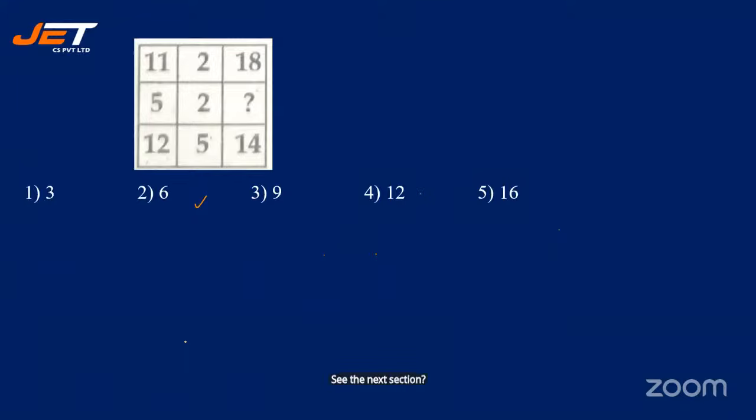11, 2, 18, 5, 2, blank, 12, 5, 15. Right? So now find the relation between this 11 and 18. Why don't we do one thing? 11 minus 2, how much you're getting? 9. So 9, if you do what, you will get 18?